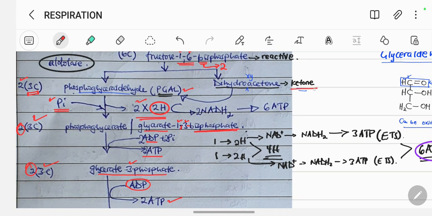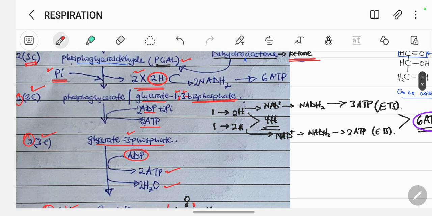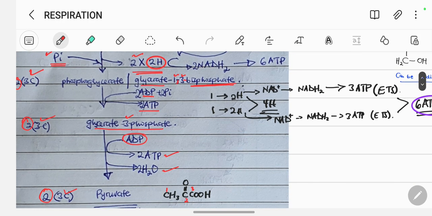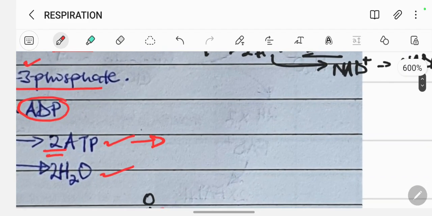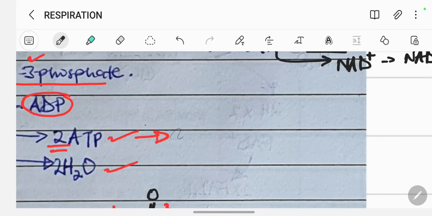It came from this ketone there that was turned to that molecule. Whatever we were forming here, I formed 2 ATP, and this ATP is formed by substrate level. So are you seeing where the substrate level phosphorylation is? Wherever we form ATP, that is phosphorylation that is forming that ATP, the process.